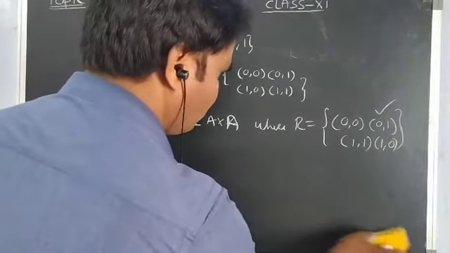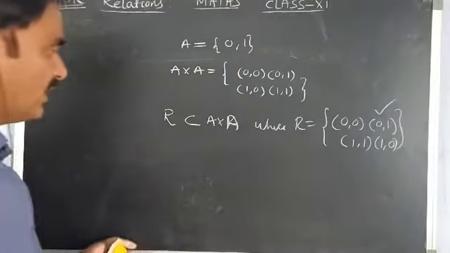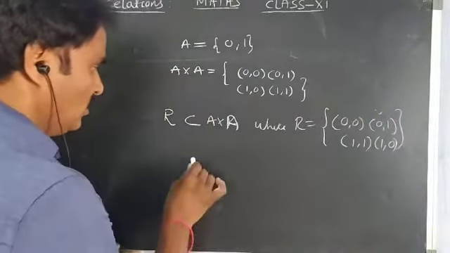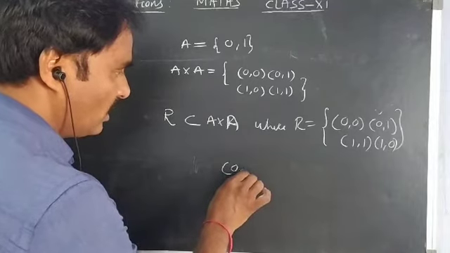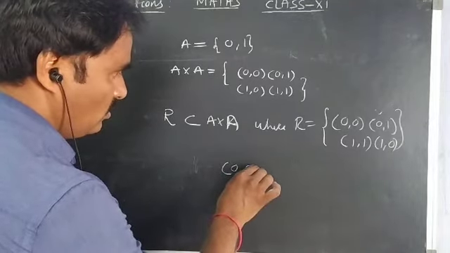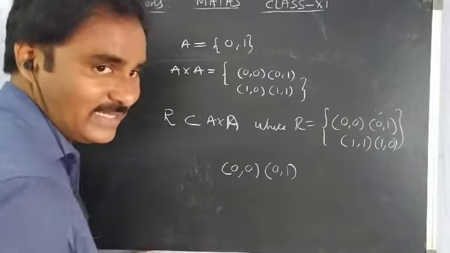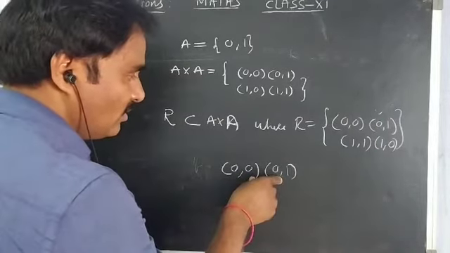Okay, right. Now transitive. For this relation, I am going to check transitive. To check the transitive condition, we have to take two ordered pairs. So I am taking two ordered pairs 0, 0 and 0, 1. How to take the ordered pairs?